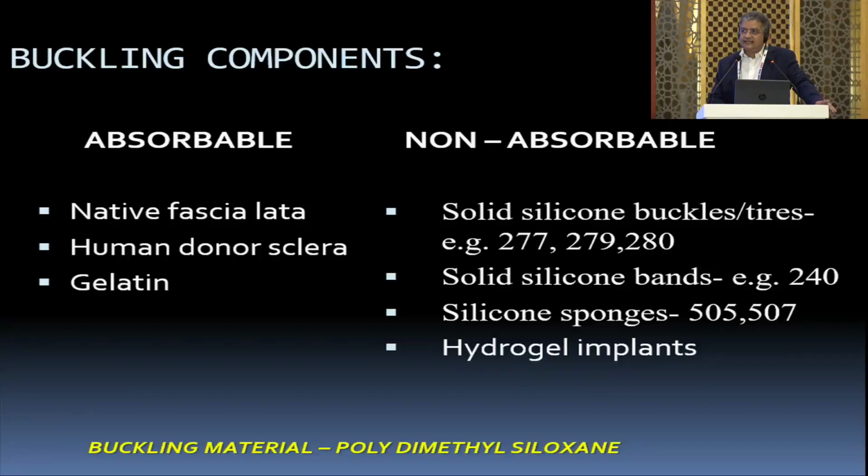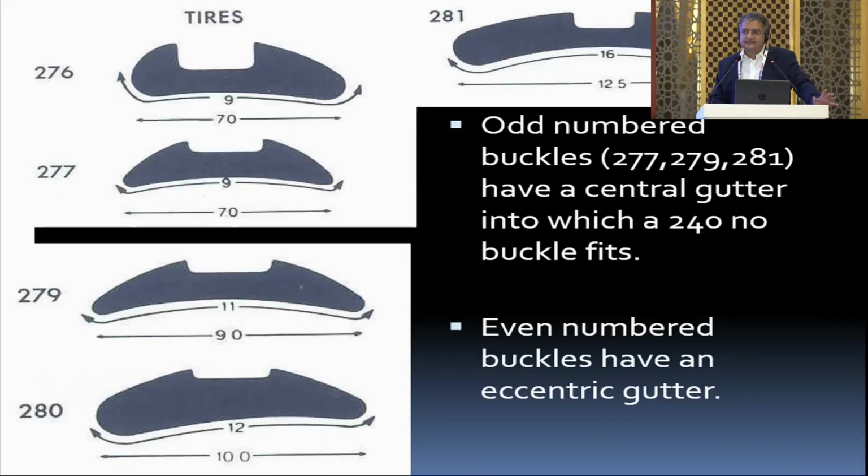Non-absorbable buckles are the norm nowadays, and these could be tires, bands, or the sponges. Tires, depending on the location of the break from the muscle insertion, you could choose any of these. The odd number tires have a central groove, whereas the even ones have the eccentric groove.